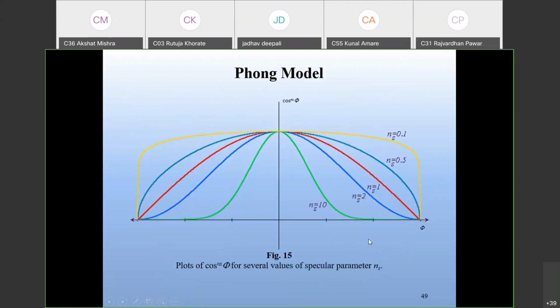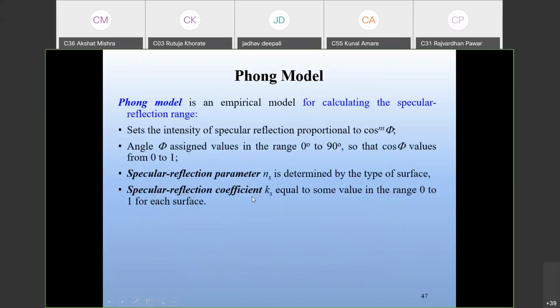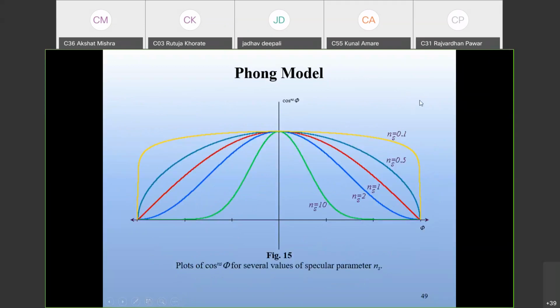Another example is shown here with the Phong model, cos^Ns. I think you understood what Ns is: the type of surface. With Ns of 10, you can see here, when it is more, a narrow range is generated, and when it is less, a broad range is generated.